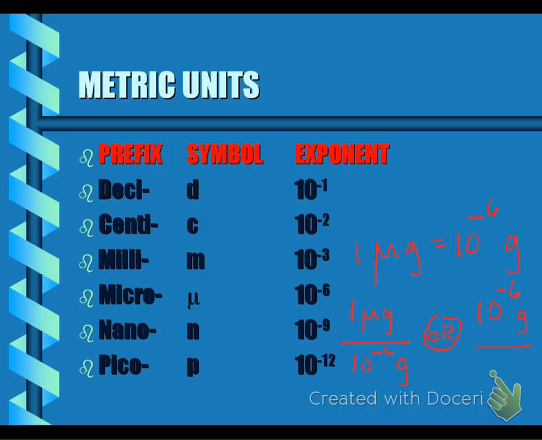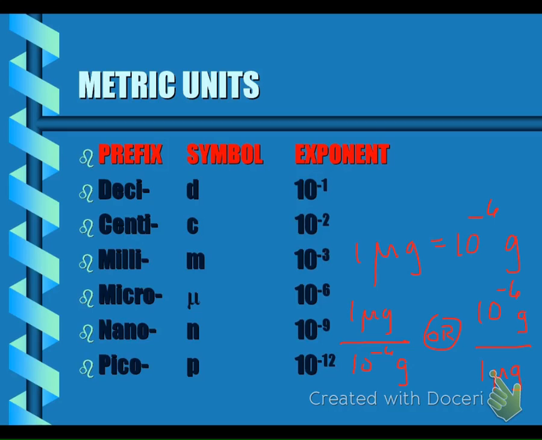Similarly, I could write that as 10 to the minus 6 grams over 1 microgram, and that would also be 1. We'll find that when we do our factor label method, our choice will depend on the conversion we're trying to make and which unit we want in the numerator or the denominator.